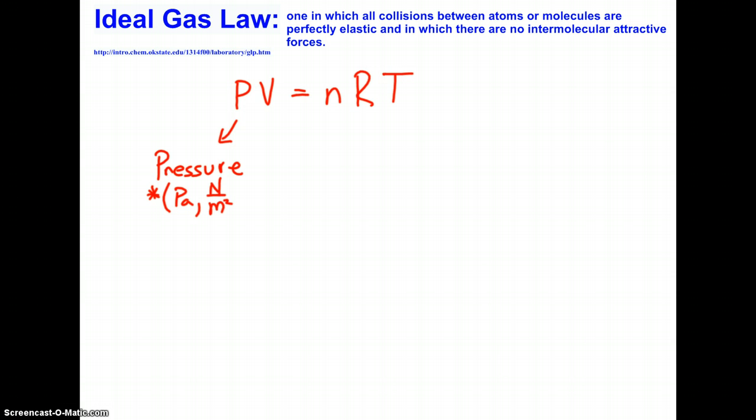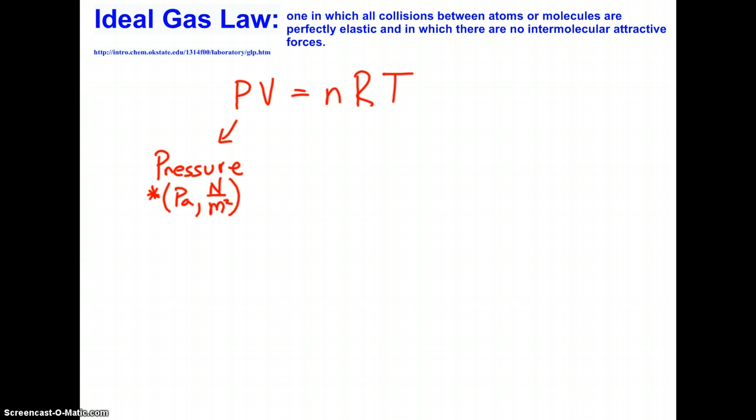All right, the ideal gas law has an associated equation that goes with it. And that equation is PV equals nRT. Highlighting the variables here, we have pressure, capital P, and the units of pressure are always in physics pascals or in newtons per meter squared, which is the same thing.